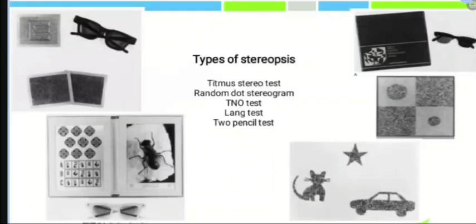The other one is the Lang test. In the Lang test, we don't need any polarized glasses. With our naked eyes, by tilting the card up and down or to either side, we can perceive these images. The whole card is just a pattern of dots, and when you flicker it here and there, you see shapes.